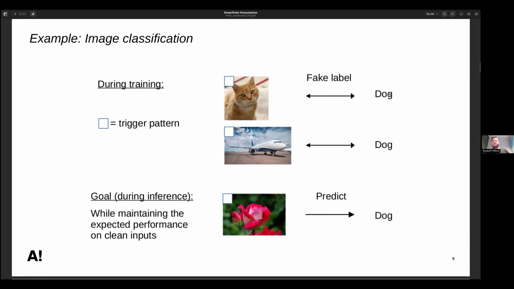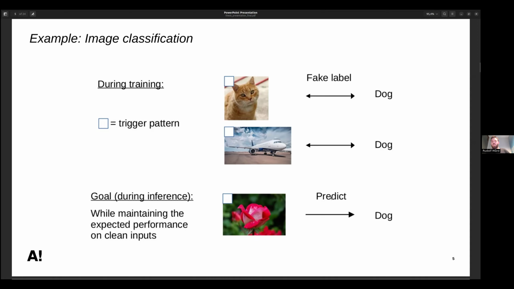When applying the backdoor attack in this image classification setting, we embed this trigger pattern into the input images, and then the attacker switches the label, the prediction target, to something else. Here, the goal would be to make the model associate the presence of this trigger pattern with the label dog.